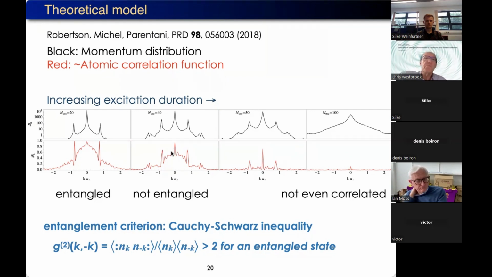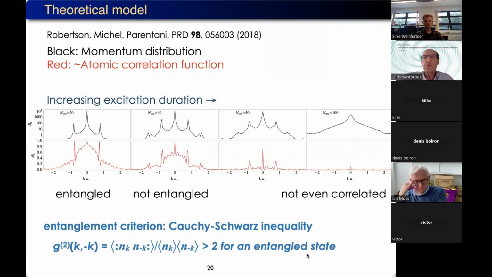And it seems to maybe, I don't know, dissipate more quickly than these density peaks do. And then they applied their own entanglement criterion, which amounts to using the Cauchy-Schwarz inequality, and asking whether this correlation function is greater than 2.